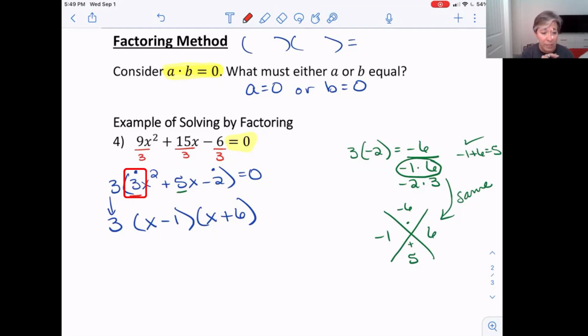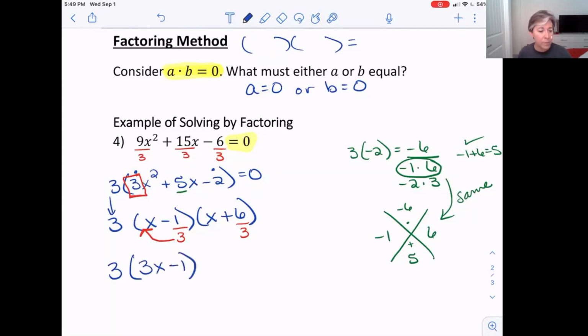So what we do is we take that leading coefficient and we put him under here. Now, again, that's this 3. If it does not reduce, or if it reduces, but you're left with a number on the bottom, then he moves up with the x. So we still have the 3 on the outside, but then we get a 3x minus 1.